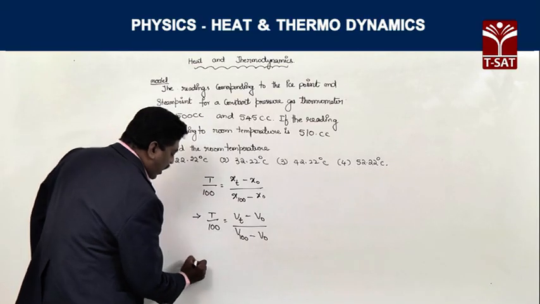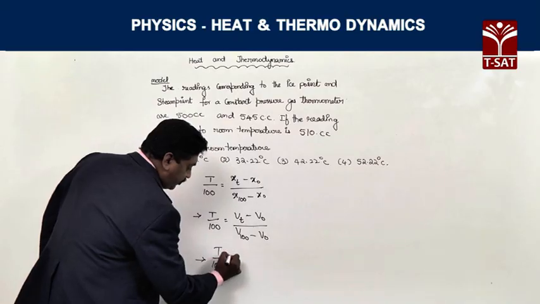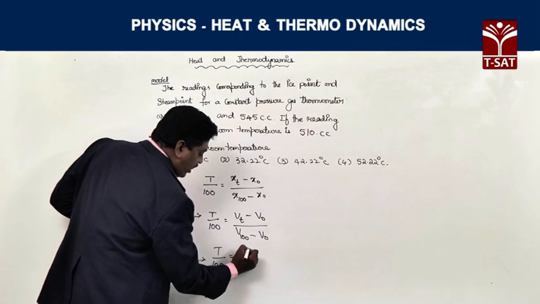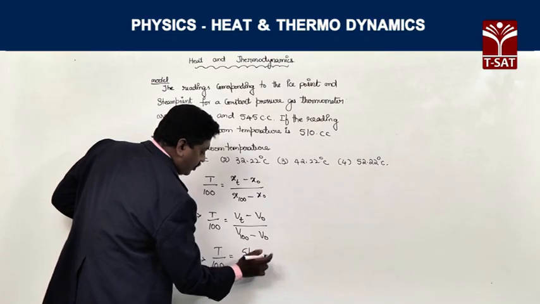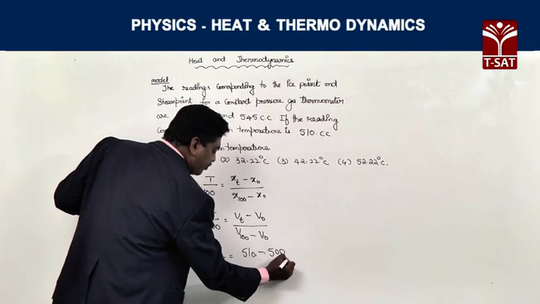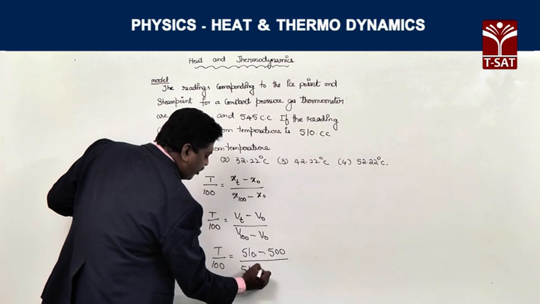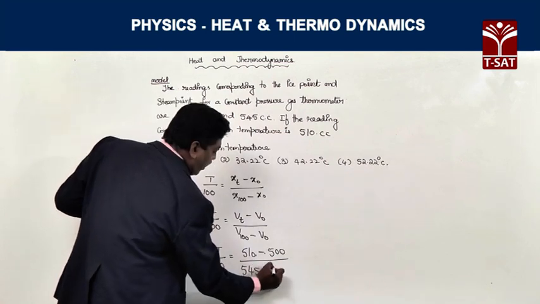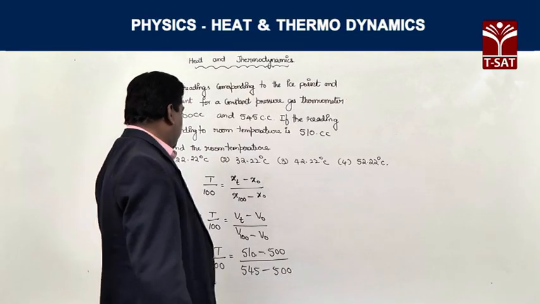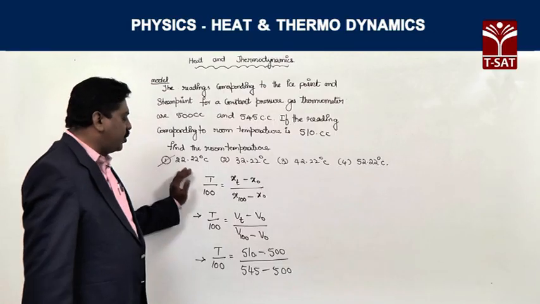Now, substituting the values, we have T by 100 equals 510 minus V naught, which is 500, by V100, which is 545, minus 500. On simplifying this equation, we obtain T equals 22.22 degrees Celsius.